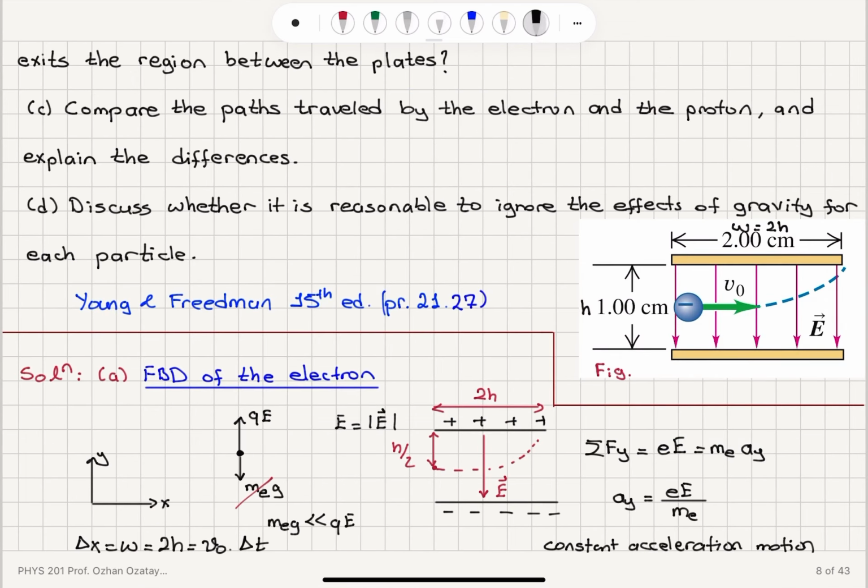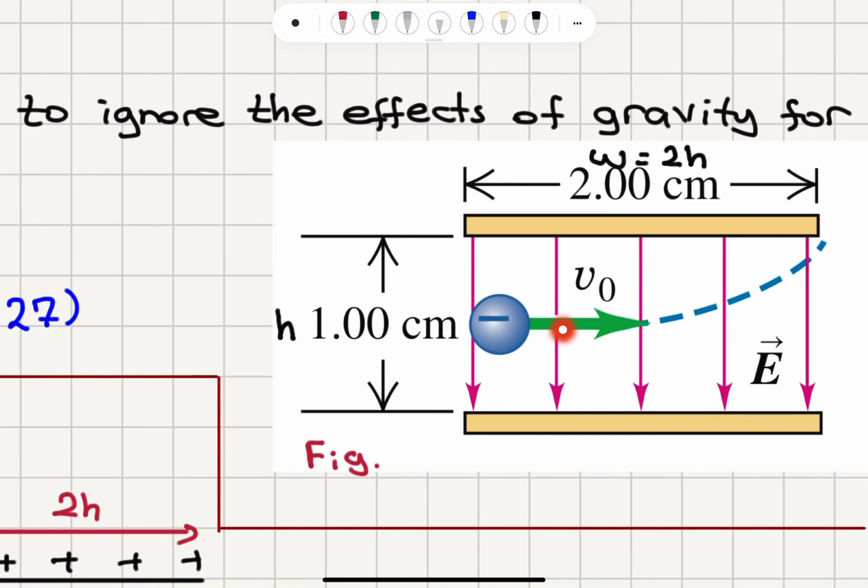All right, so I have an electron that enters a uniform field with an initial speed v0 horizontally, and it travels a distance h over 2 on the y-axis and 2h on the x-axis, and it just misses the upper plate as it comes out of this electric field. Because the electron has negative charge, the electric field is pointing down, the electrical force is pointing up.